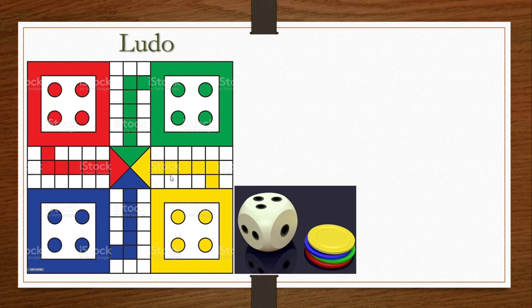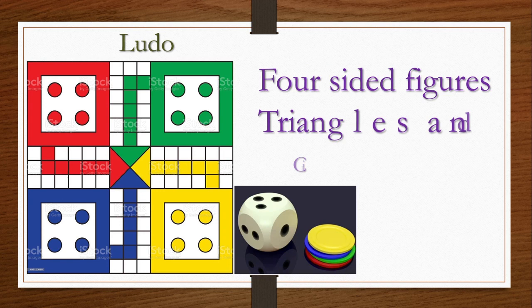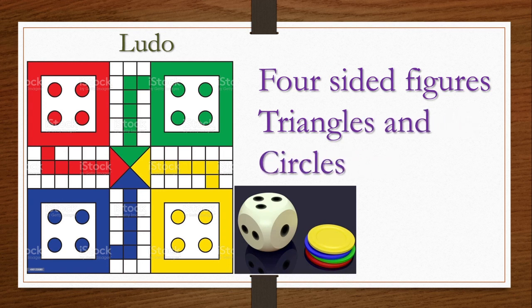See, yellow four-sided, green, and inside here circles you can see, correct? All the three types of geometrical shapes you can see in this figure. Means four-sided figures, circles and triangles. So we can write here four-sided figures, triangles and circles we can see in this Ludo game.